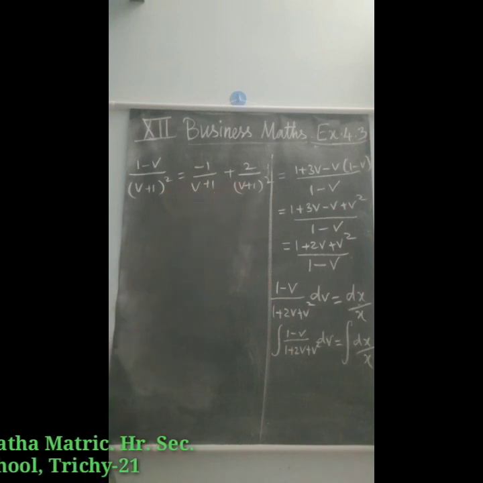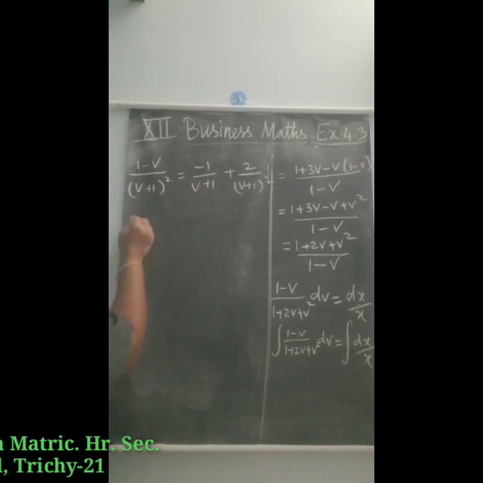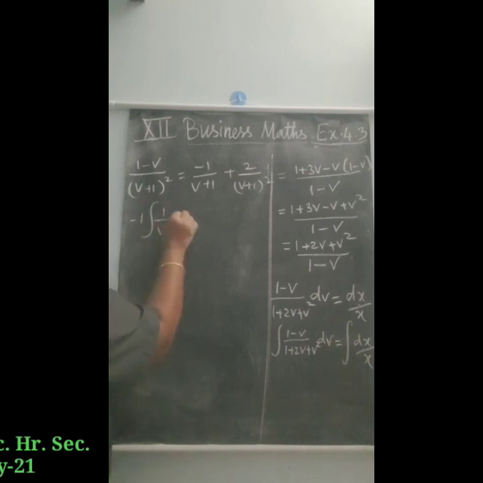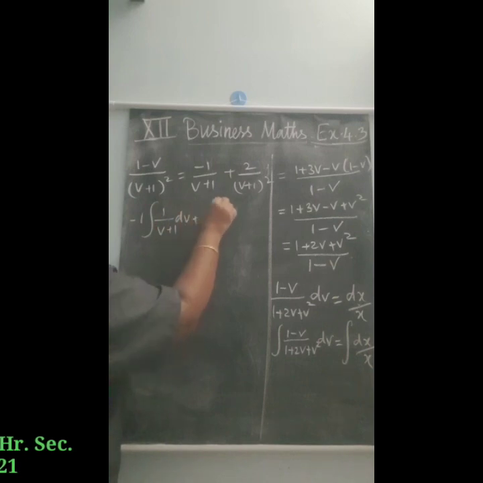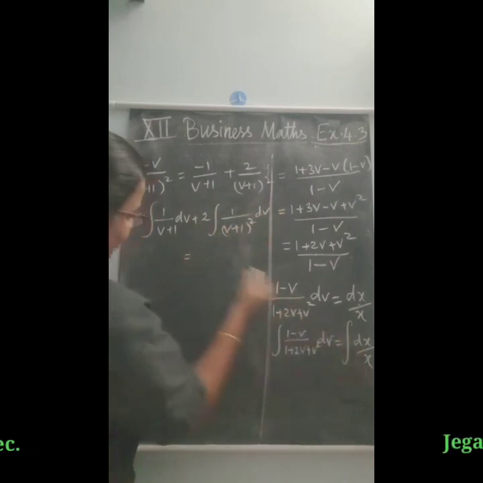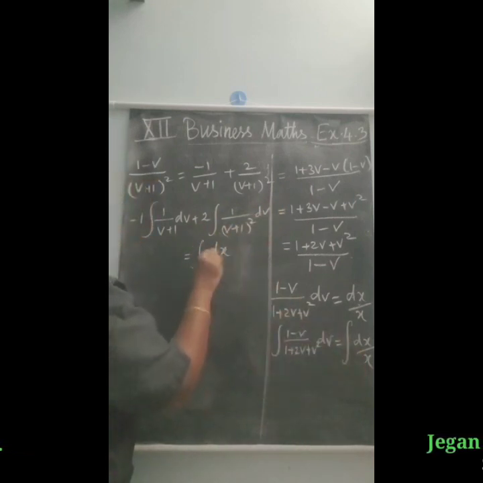Now we have to integrate this one. We will get minus the integral of 1 by (V plus 1) dV plus 2 into the integral of 1 by (V plus 1) the whole squared dV is equal to, the right hand side, the integral of dx by x.